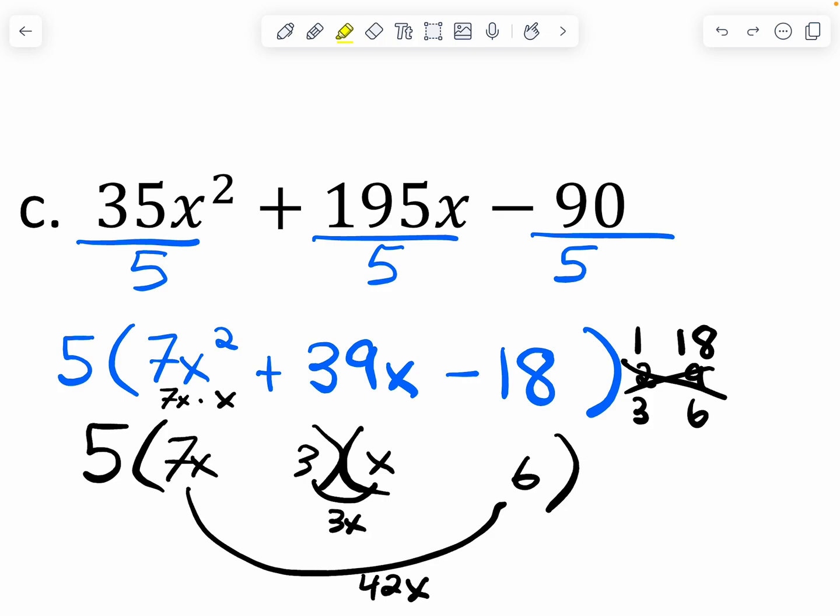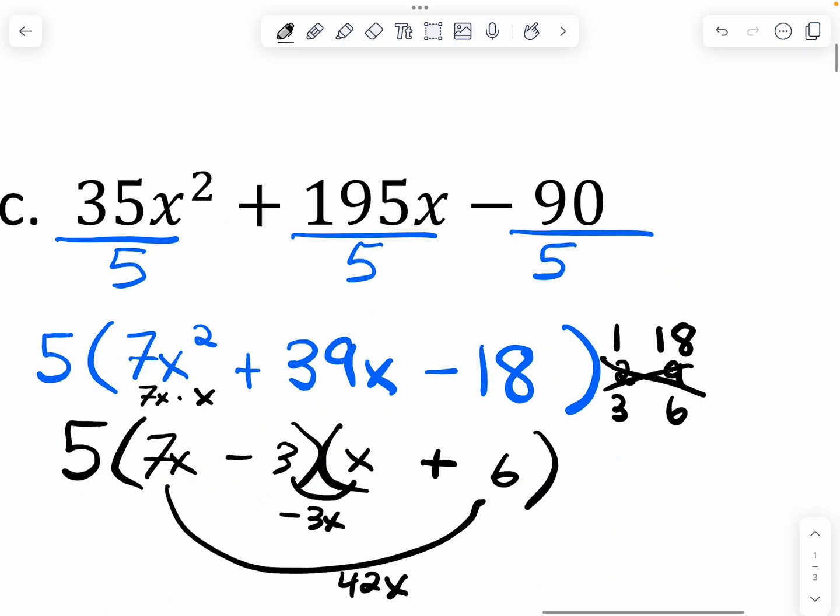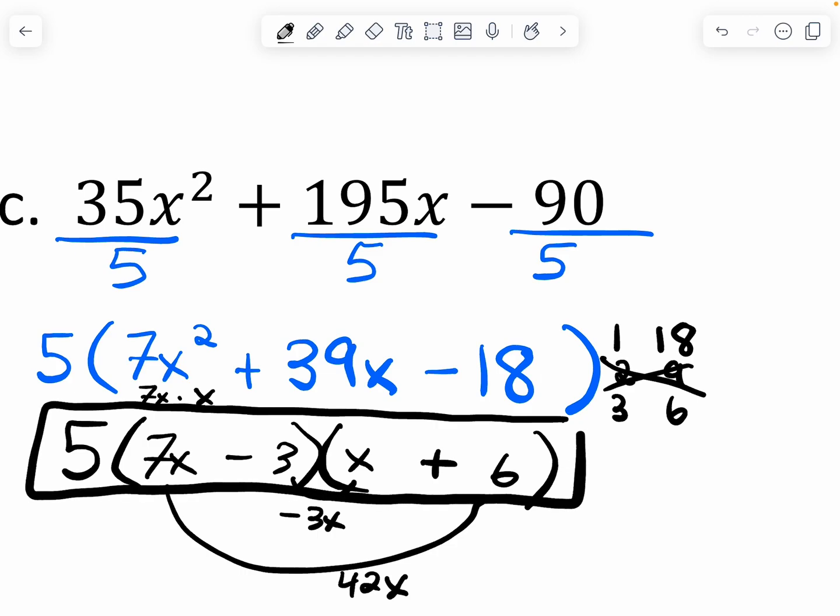And this actually works because 42 and negative 3 makes positive 39. So I know I need negative 3 and positive 42. So there is my completely factored form. 5 times the quantity of 7x minus 3 times the quantity of x plus 6.